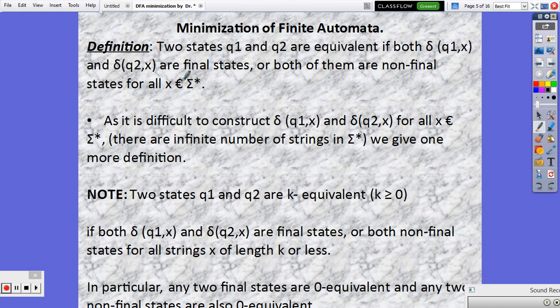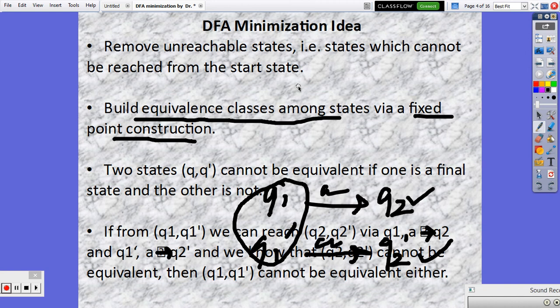So we have one definition that states two states Q1 and Q2 are equivalent if both transition Q1 x and transition Q2 x are final states, or both of them are non-final states. Meaning is same.